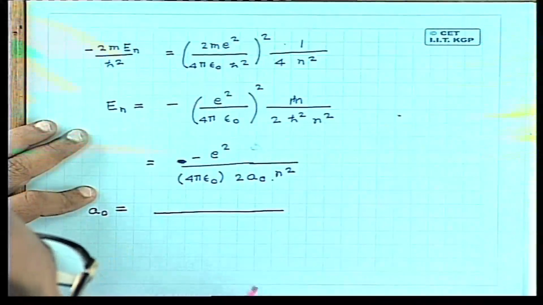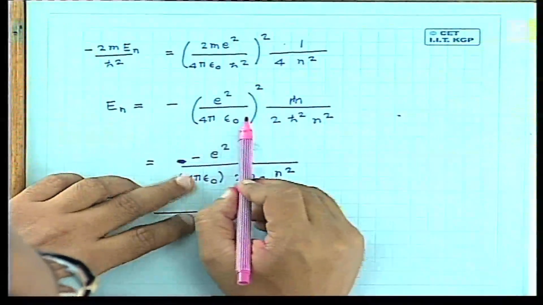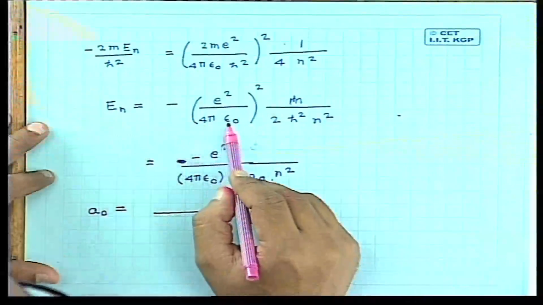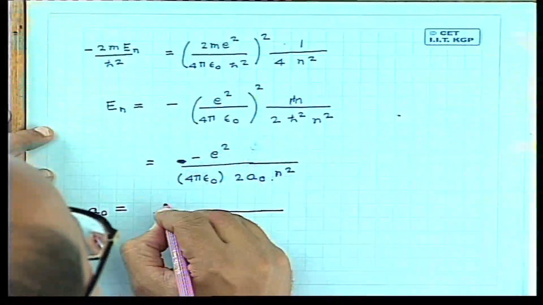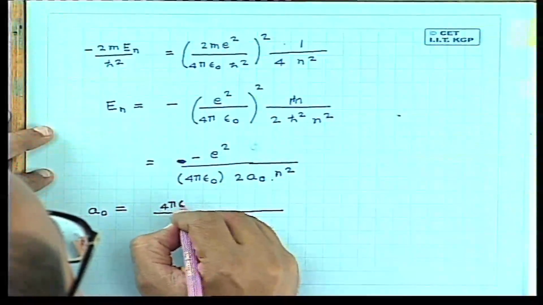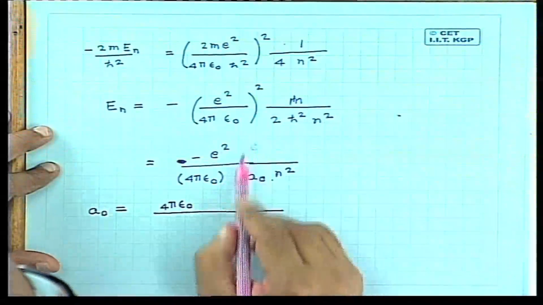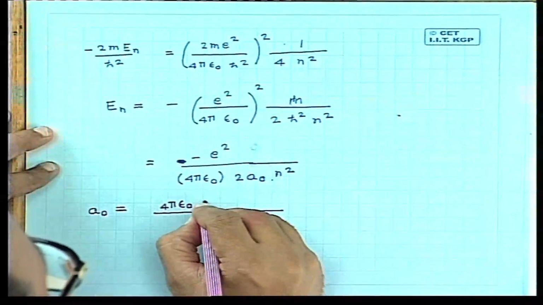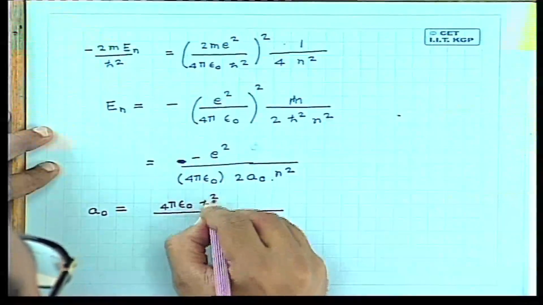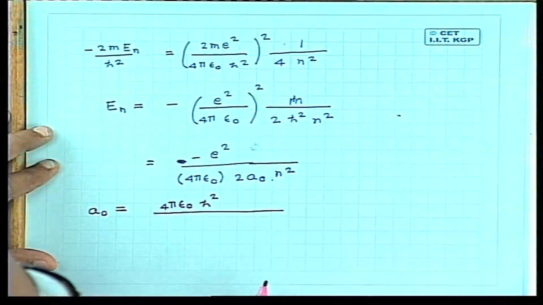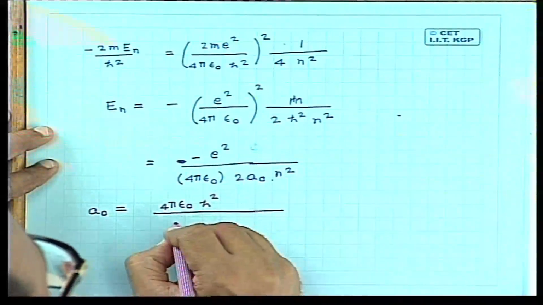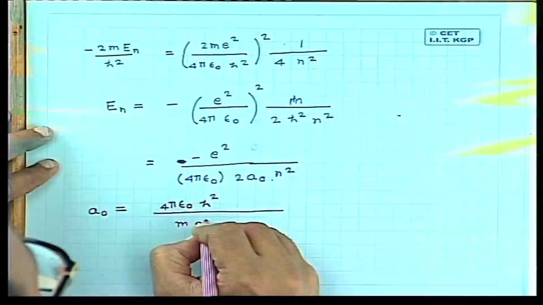So there will be one factor of 4 pi epsilon naught, because here we have 4 pi epsilon naught squared in the denominator. The 2 is here, there will be a factor of h cross squared, and then we will have m e squared.